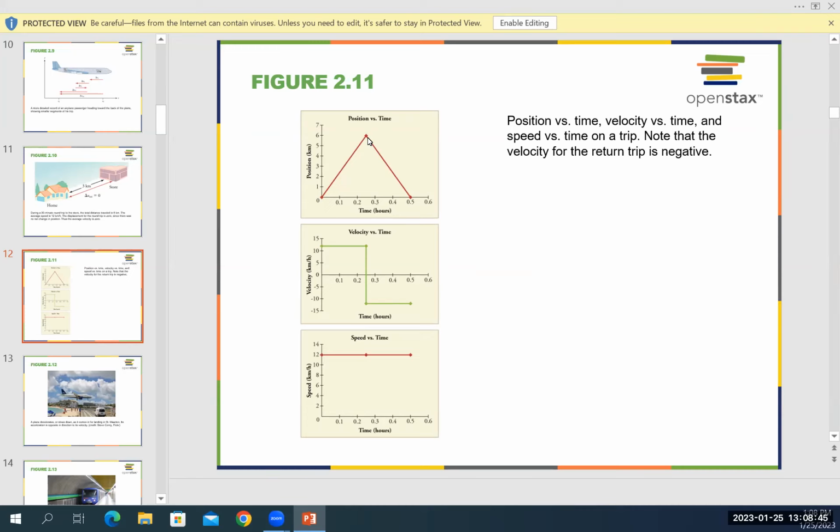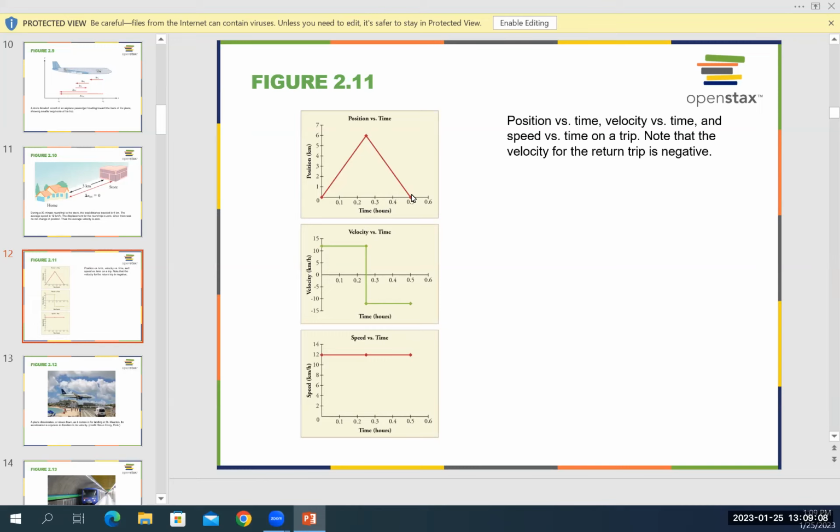But then notice what happens. The distance in the next 0.1 second, from 0.4 to 0.5, goes from 6.5 all the way back down to 0.